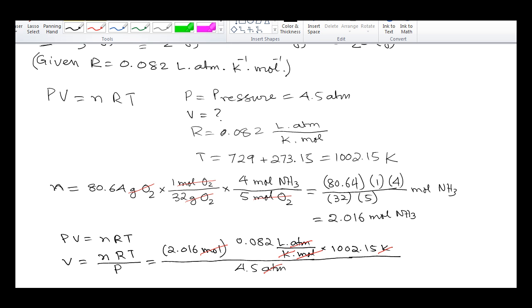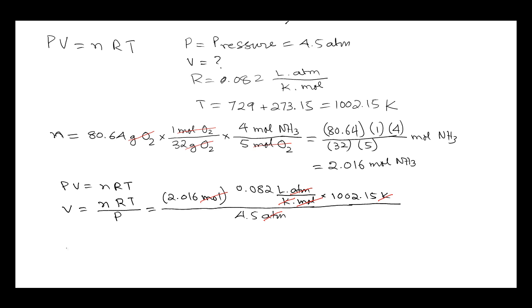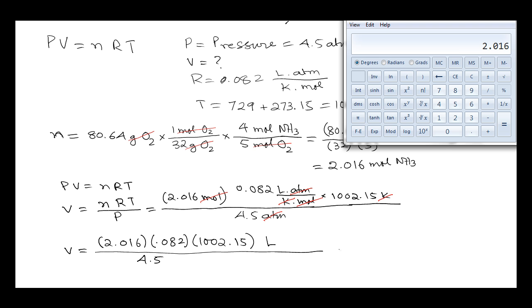So now with those, V therefore is equal to 2.016 times 0.082 times 1002.15, and the unit that we have is really liters, so I put the L over here, and in the denominator we have only 4.5, right? So let's use the calculator to do this calculation.